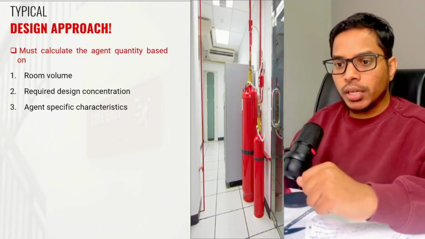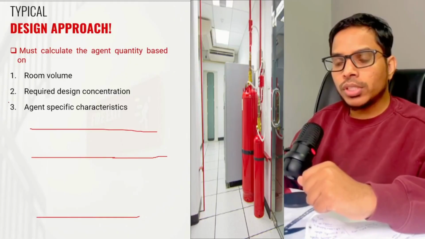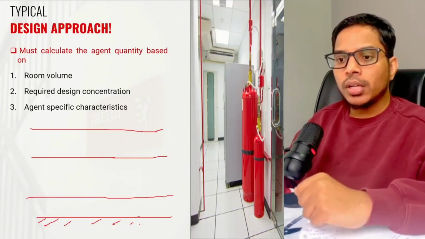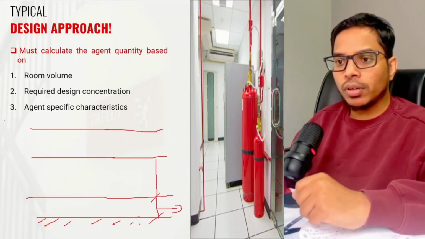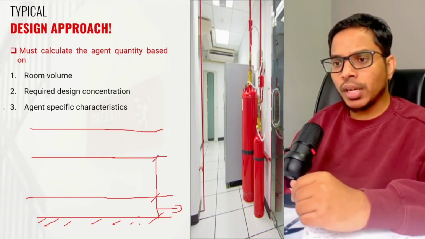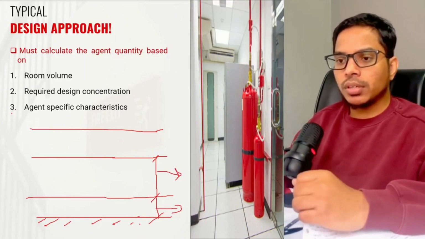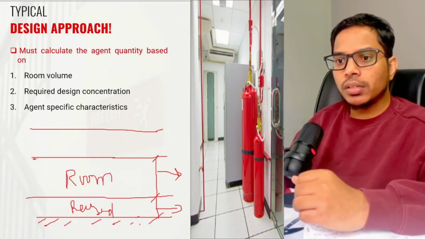For example, if you look at the screen, I will just try to draw a particular room just to show you how a particular room looks like. For example, you have a raised floor. This will be the raised floor. Below the floor, which will be around 1 meter or something like that, not more than 3 meters, or it will not be that much higher. So this will be the room volume, and this will be the raised floor volume, and this will be the ceiling.